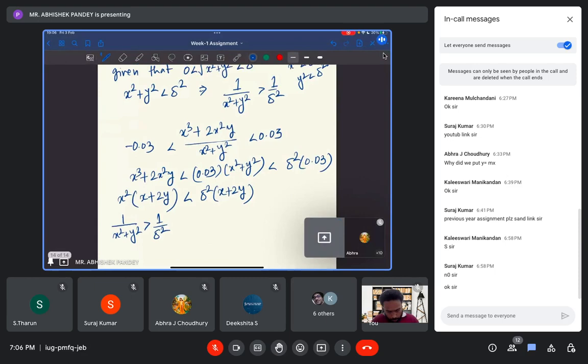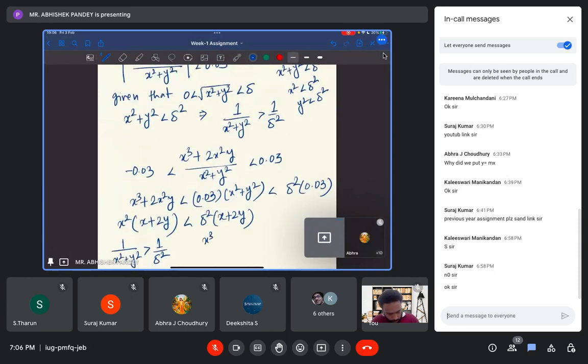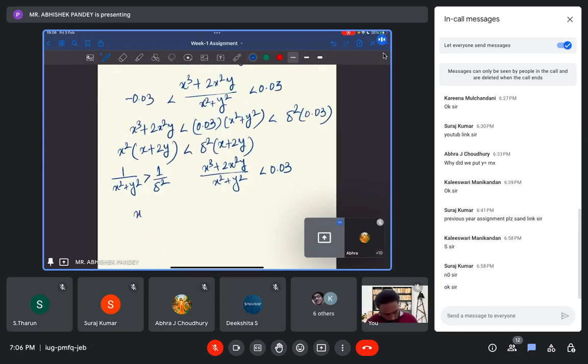Okay, and we have x cube plus 2x square y upon x square plus y square less than 0.03. So observe that this is nothing but x cube plus 2x square y into 1 by x square plus y square. Okay, and this is less than 0.03, and this quantity is greater than 1 by delta square.